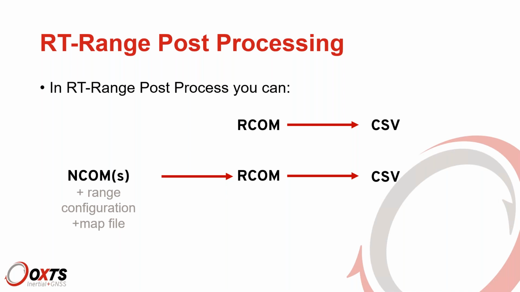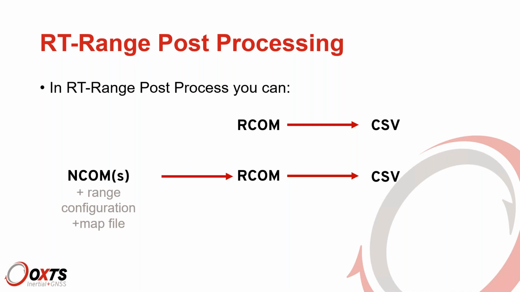Or if you weren't logging the RStream of the RT Range, you can get the NCOM files from the hunter and from any of your target vehicles. And you can generate an RT Range configuration, or you can take the file from your RT Range device. And if you want lane measurements, you'll also need a map file of those lanes as well.